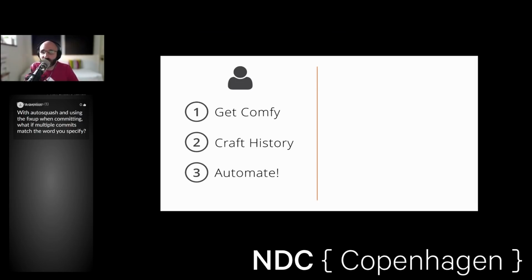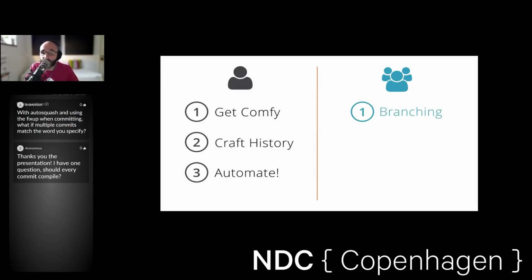The second category of things to think about has to do with team workflows, stuff that you do in collaboration with others. The first tip was to be aware of the kinds of branches that there are, and be aware of how they should be merged together.